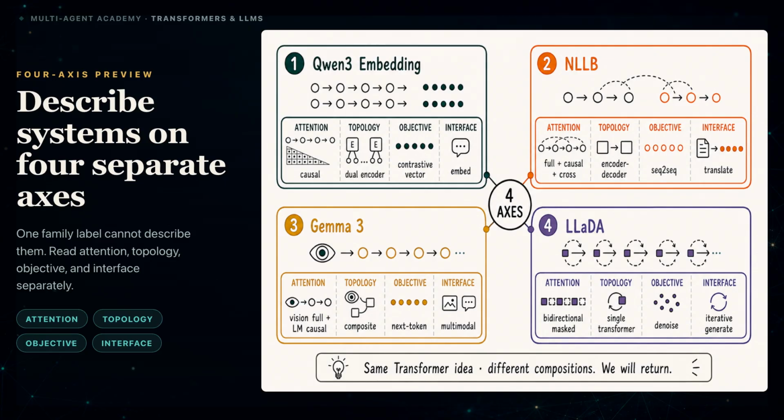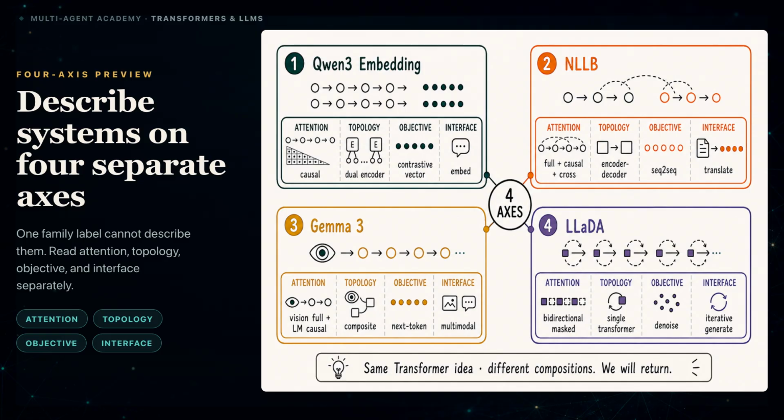Put 4 systems on one board. QN3 embedding uses causal attention, a dual encoder retrieval setup, a contrastive vector objective, and an embedding interface. NLLB combines full self-attention in the encoder, causal self-attention in the decoder, and cross-attention for translation. Gemma 3 combines a vision encoder with a causal language model for multimodal generation.